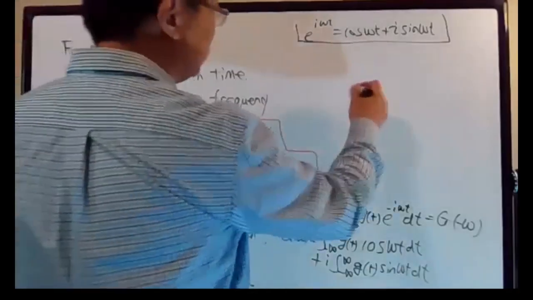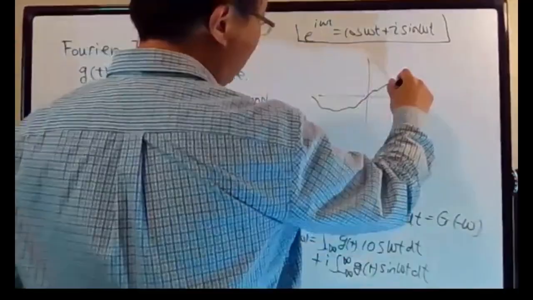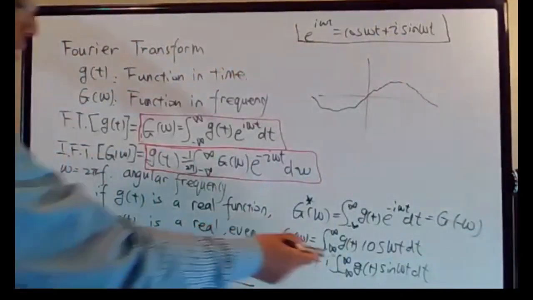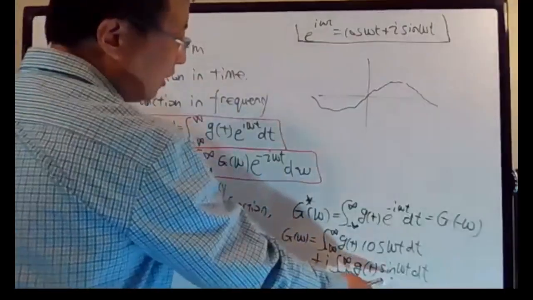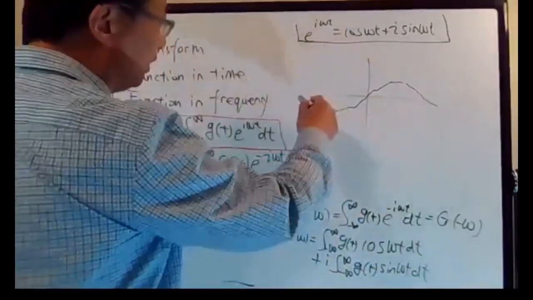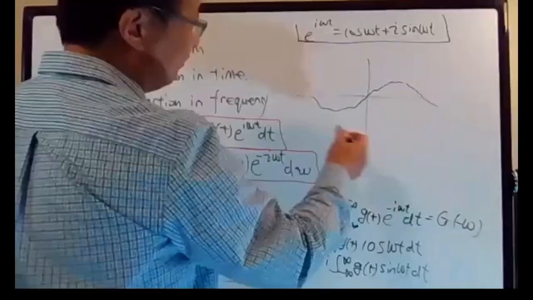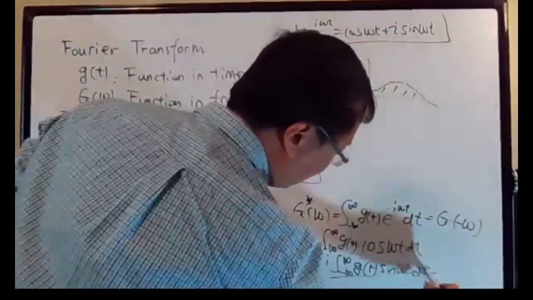So let me just draw a picture. It will be an odd function. It will look like this, and this, like a sine function, for example, right? So an even function times an odd function is an odd function. You integrate over negative infinity to positive infinity, this cancels out, so that will be 0.